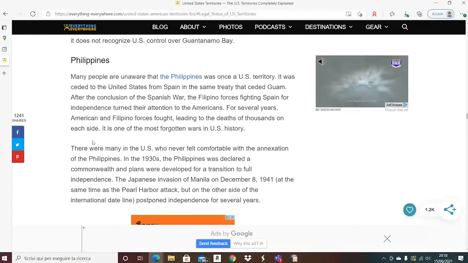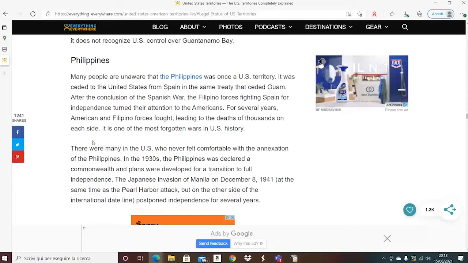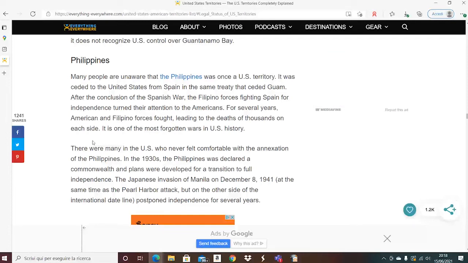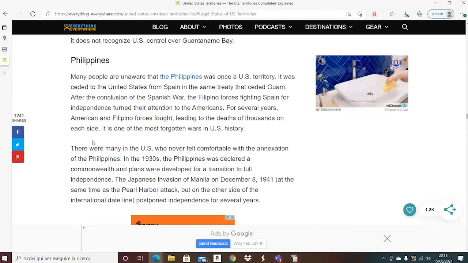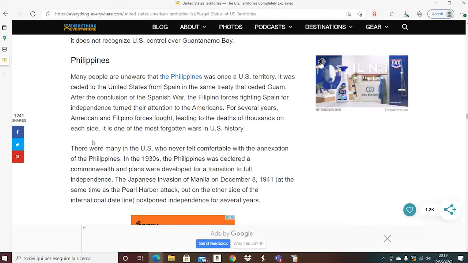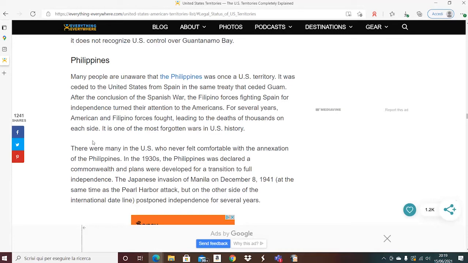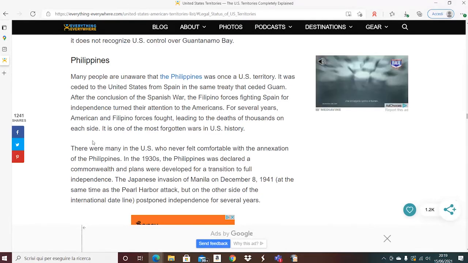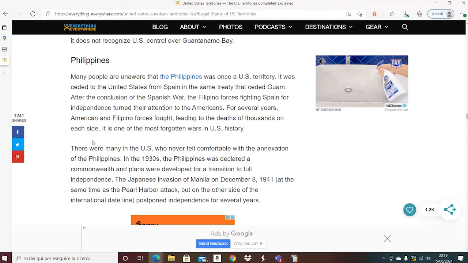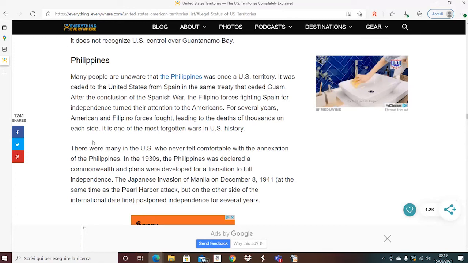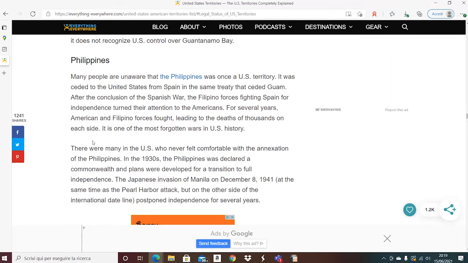There were many in the US who never felt comfortable with the annexation of the Philippines. In the 1930s, the Philippines was declared a Commonwealth, and plans were developed for a transition to full independence. The Japanese invasion of Manila in December 1941, at the same time as the Pearl Harbor attack, but on the other side of the international date line, postponed independence for several years.